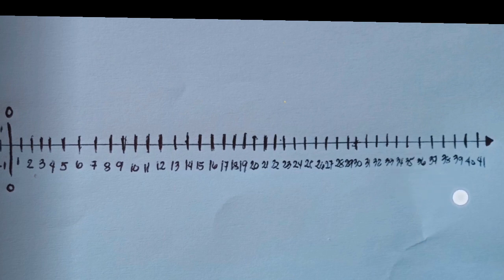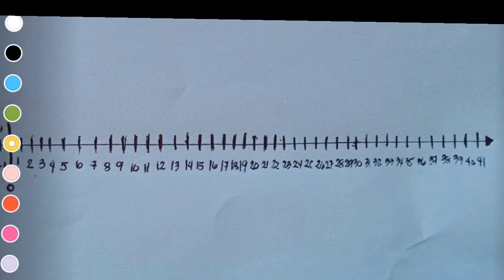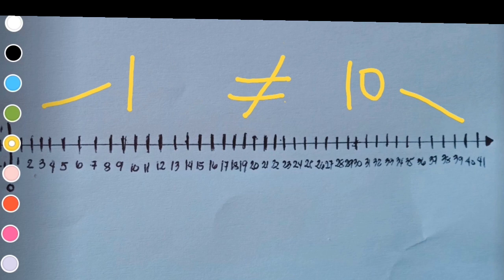As we know, the value of 0 is 1, while 39 is 10. So they are not congruent to each other. That's why illustration number 2 is a false statement.